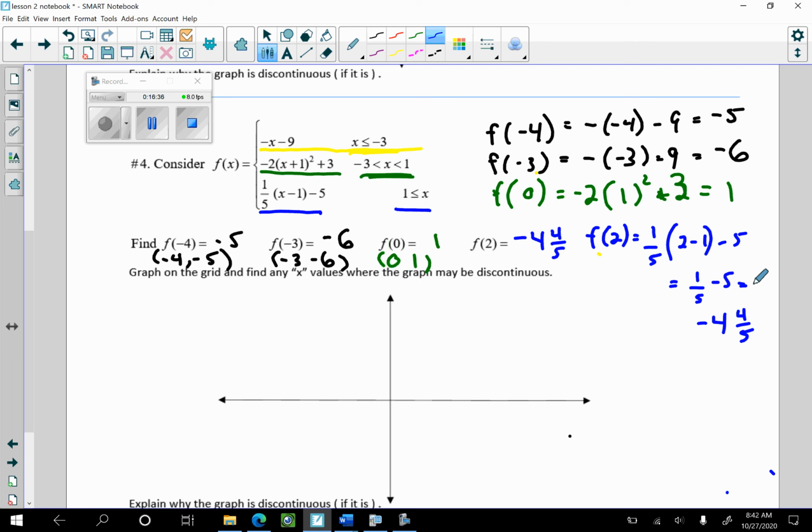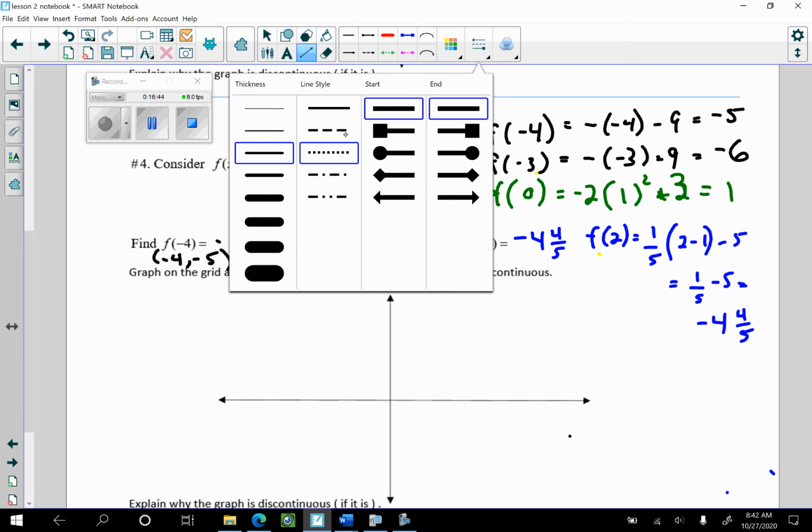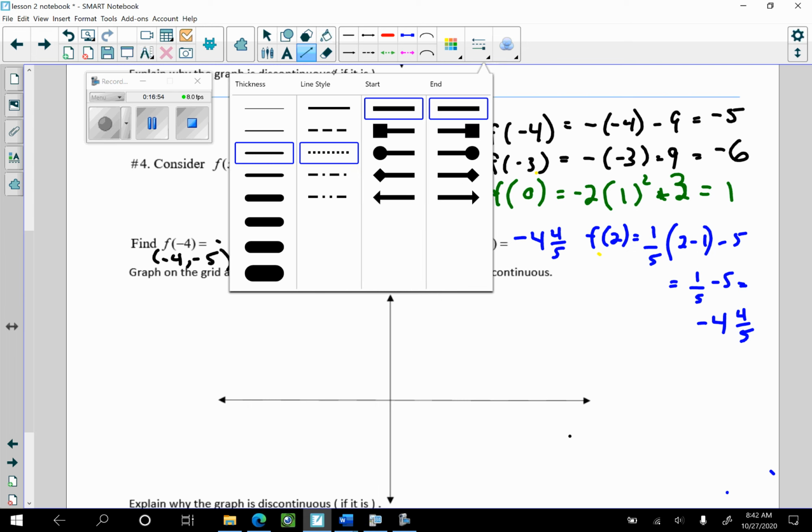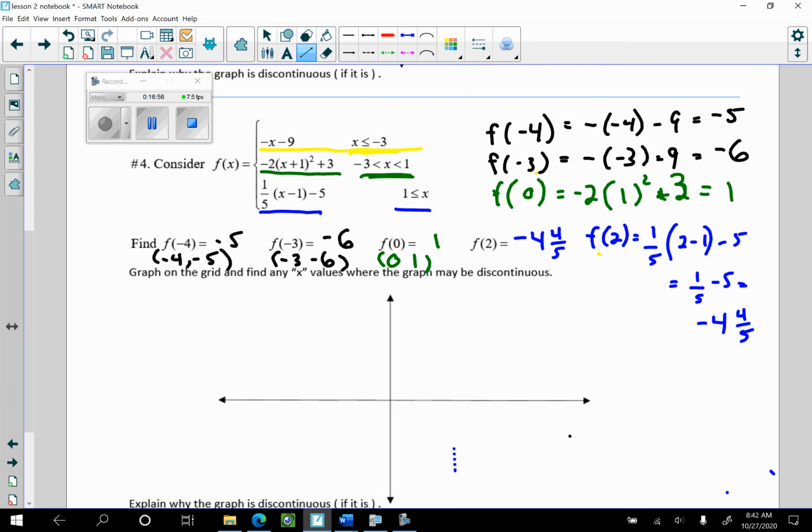So let's graph this. First thing we do before we graph it is come up with our dotted vertical lines. I'm going to need to go to vertical line again. And I want a vertical line at, where do I want that vertical line? 1.